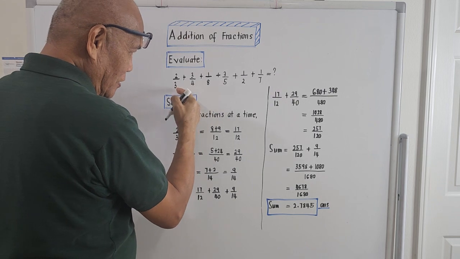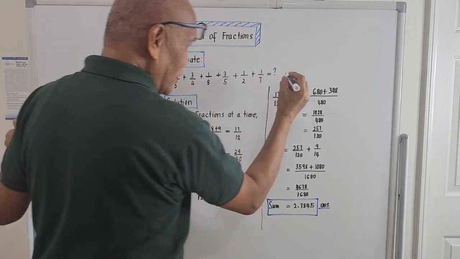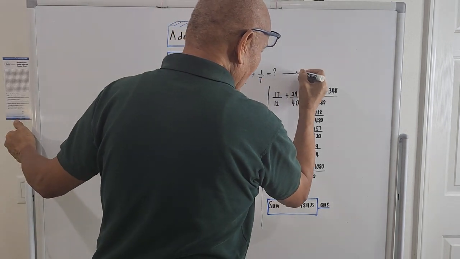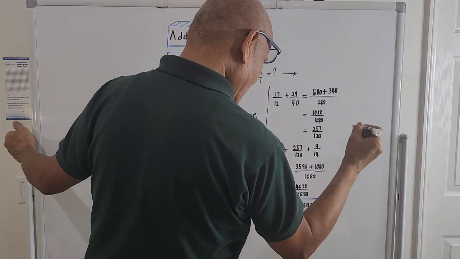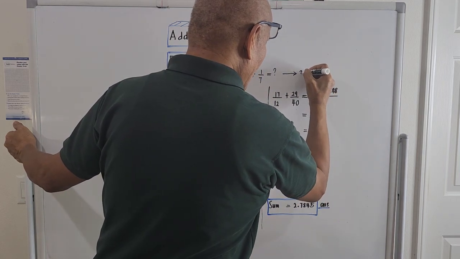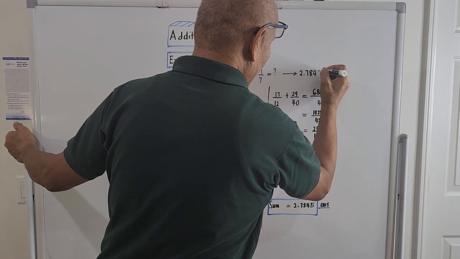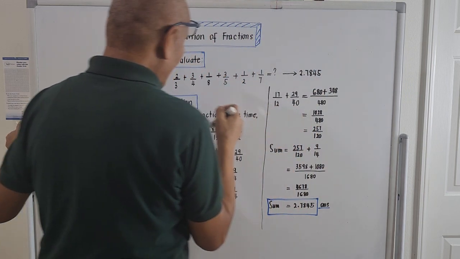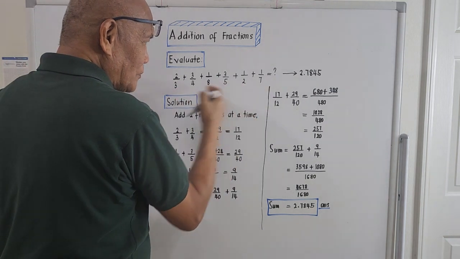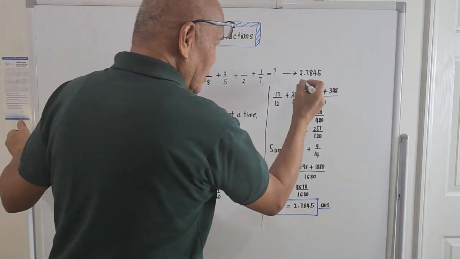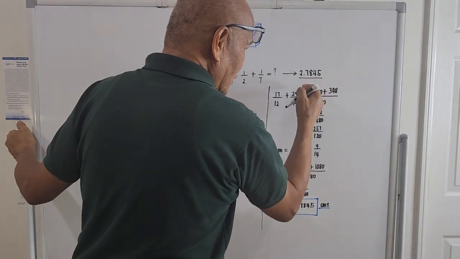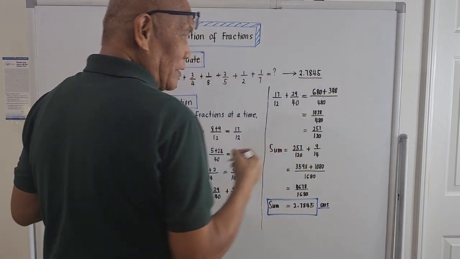Actually, I have already taken the value, and in terms of decimal it is 2.7845. If you take the summation using the calculator, the answer will be 2.7845.